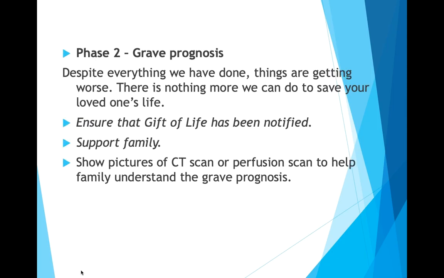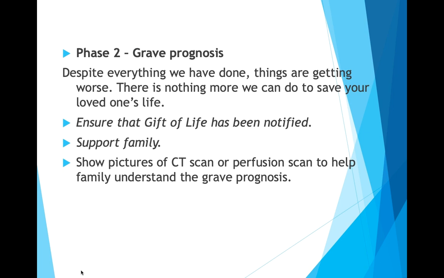As things are moving and the situation is bad, at a period of time you would be sure to tell them that we've done everything that we can do. Again, listing all those things, but things are getting worse, and there is nothing more that we can do right now. Typically behind the scenes, when you know that you have a patient with a severe brain injury, you call Gift of Life and notify them so that they can just come in and follow.